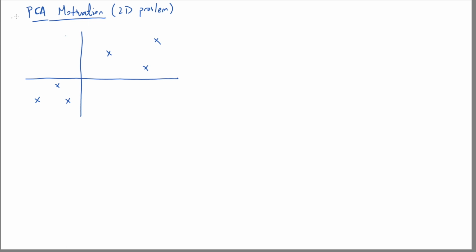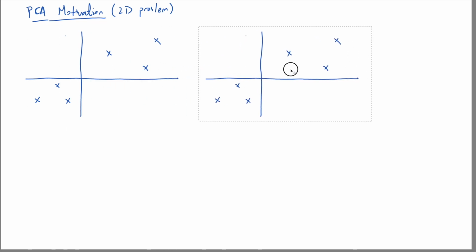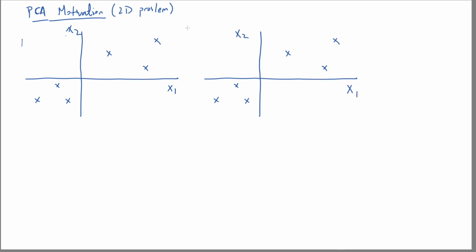Okay, and let me just make a copy of this. So we have the same data set, and this is x1, x2, x1, x2.